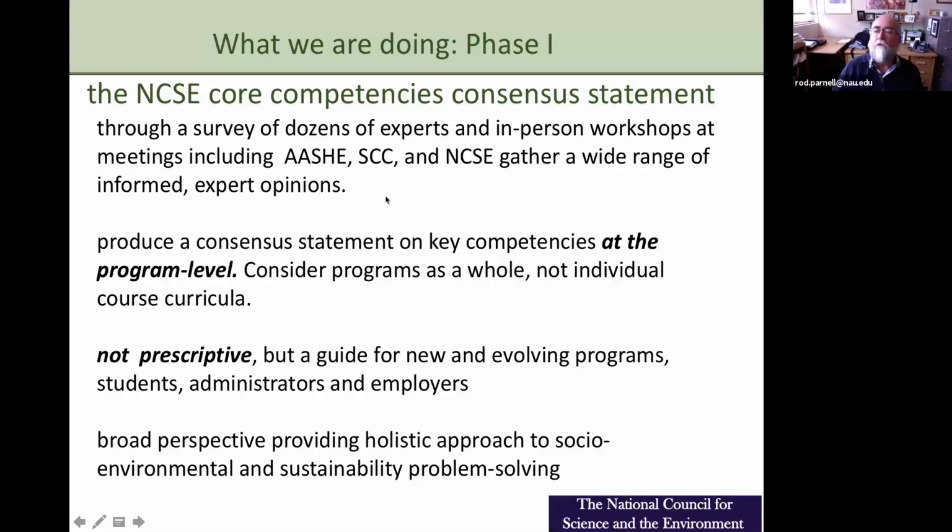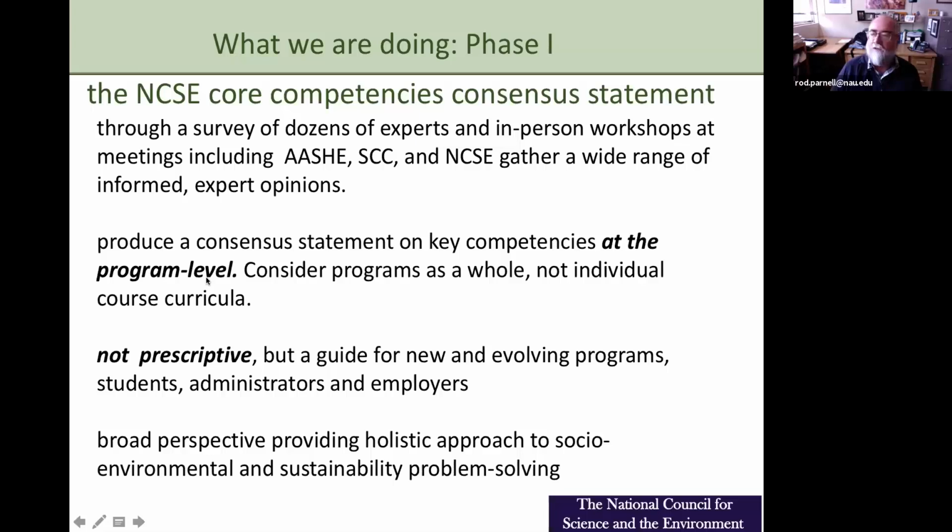So very briefly then, what are we doing? Well, what we're trying to do is pull together a consensus statement from colleges and universities across the country to be able to do a relatively brief, high-level consensus on what key competencies are at the program level.